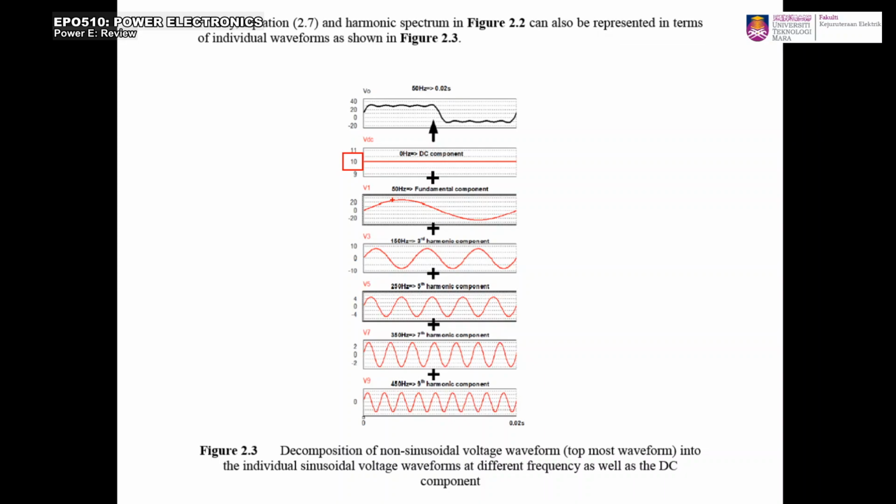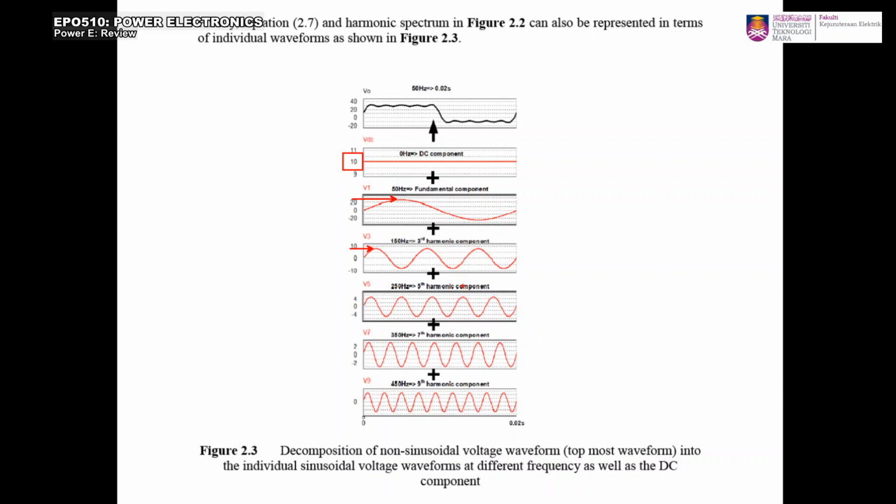If you measure, you get a 25 volt amplitude, and then this is 8 volt for the third harmonic, which is 150 hertz. So it's 3 times faster than the 50 hertz, and then we have 5 times faster than 50 hertz, and the rest. So this is the Fourier theorem for power electronics.